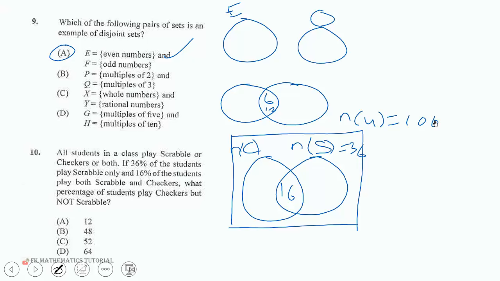What percentage of the students play checkers but not Scrabble? So this will be 36 minus 16, which is 20. To get the whole thing to be 100, we need to subtract this plus this from 100 to get the number here.